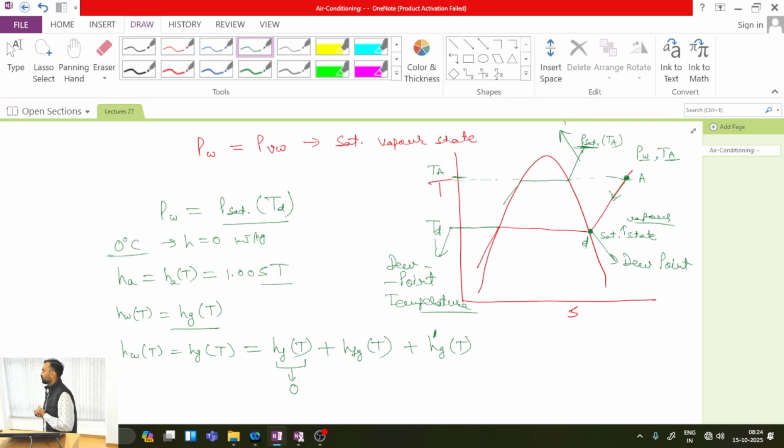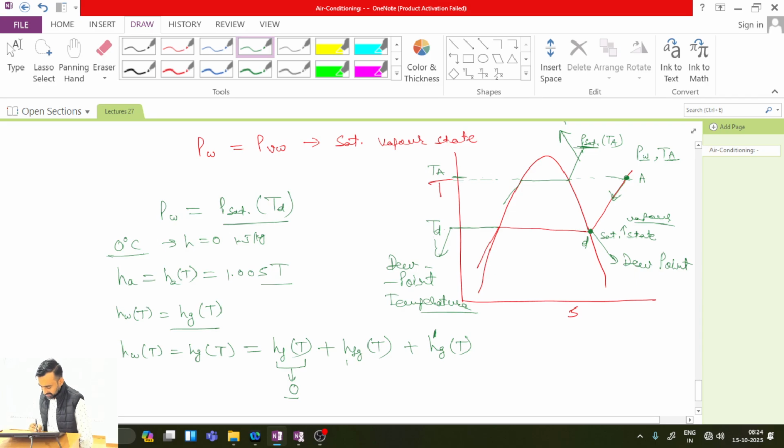Degree Celsius, because we are operating in 0 to 50 degree Celsius. Okay, all are clear with this point? So this reference state we are setting as per our convenience and requirement for the moist air conditions. Is this point clear? So at 0 degree Celsius I can say that in the liquid state HF is 0. All of you agree to this point?